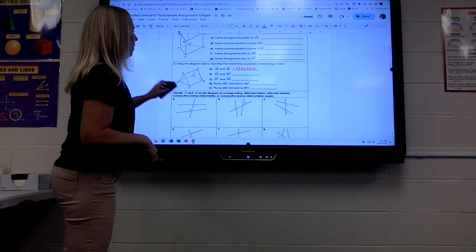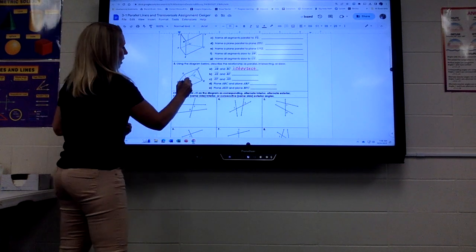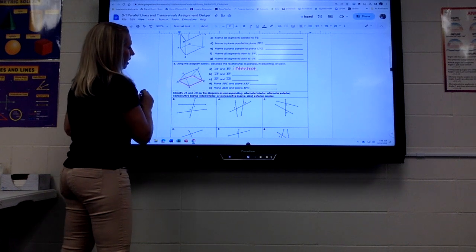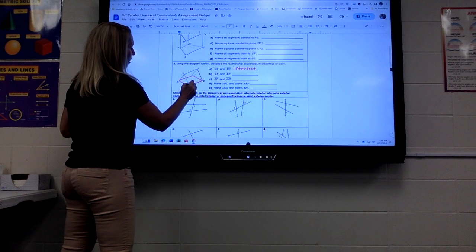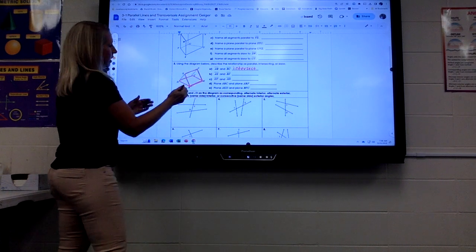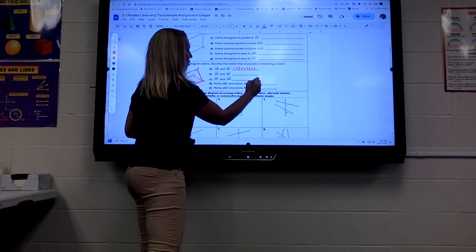Let's see. If I look at plane ABC and ABF, ABC is that plane, and then ABF is that side plane. They would intersect at AB, so I would say intersect.